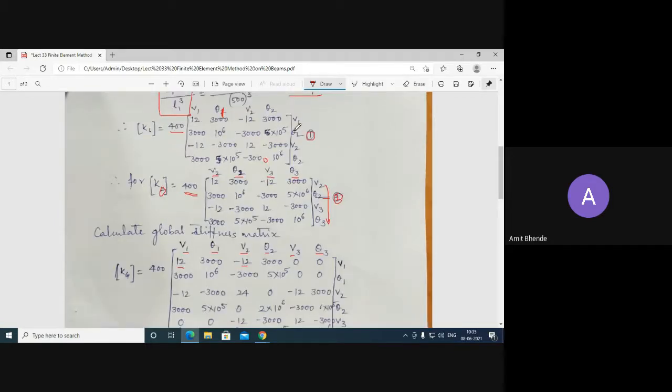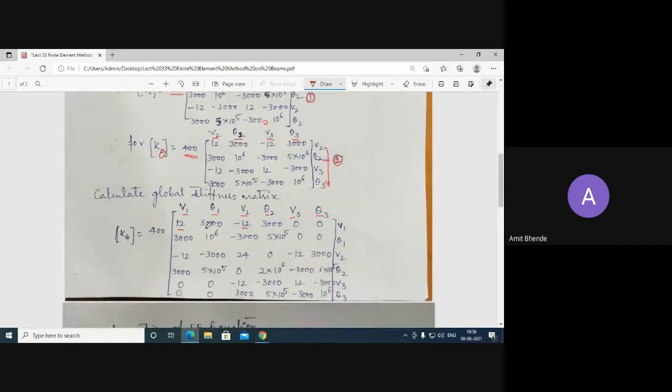By looking at the row numbers and column numbers, if there are two values, one in this matrix and another in this matrix, then you add them up and write them down in the global stiffness matrix. So here we have obtained the global stiffness matrix of size 6 by 6.